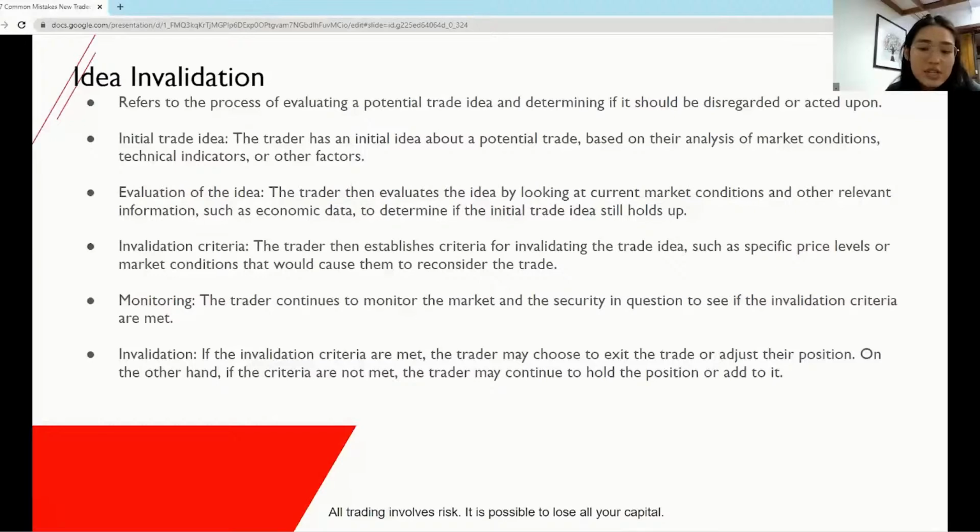On the other hand, if the criteria are not met, the trader may continue to hold the position or add to it. So in short, idea invalidation is a crucial step in the trading process to help traders like yourselves make informed decisions about their trades and avoid potential losses.